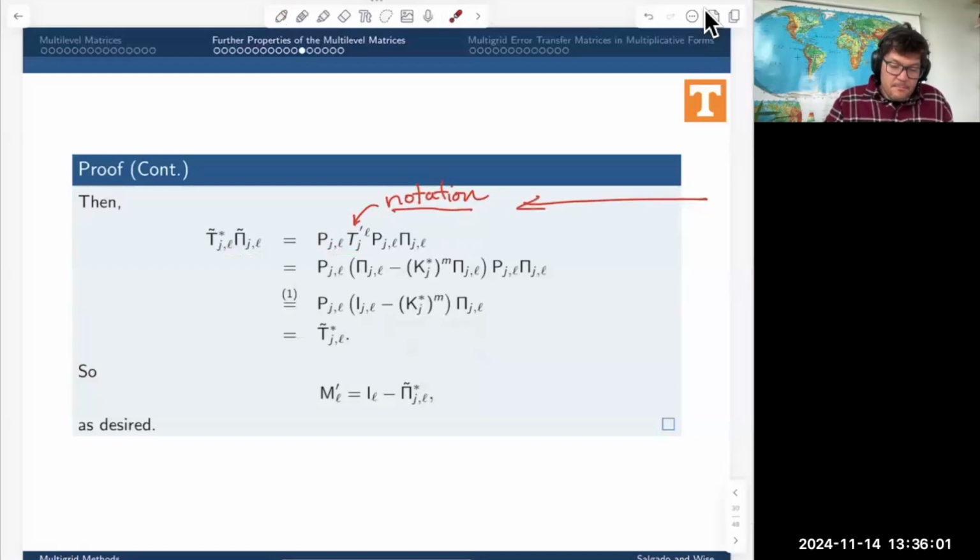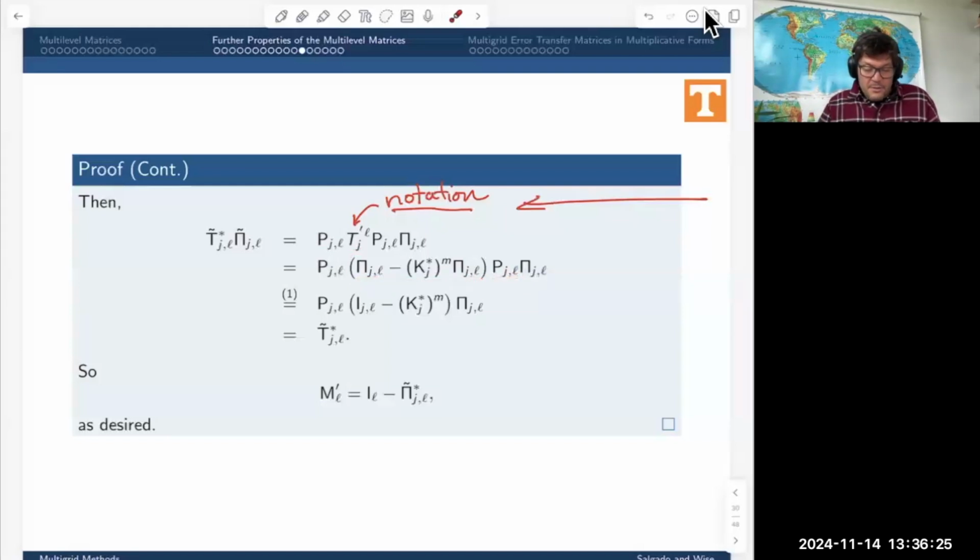But by our definitions, this is just equal to all of this stuff. Now we're going to multiply Pi_J^L times P_J^L and Pi_J^L times P_J^L. That's just the identity in both cases.